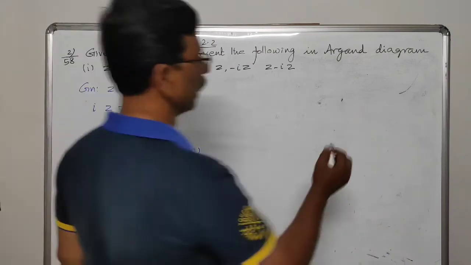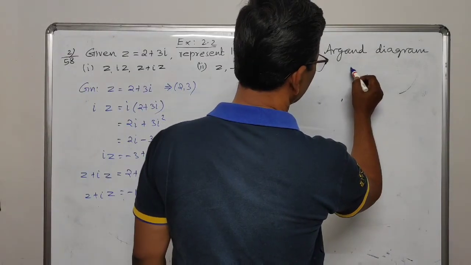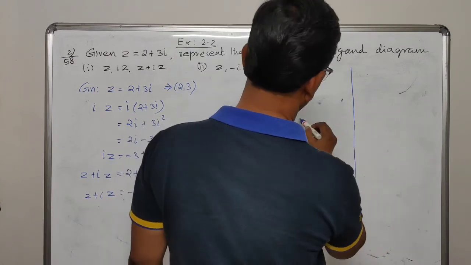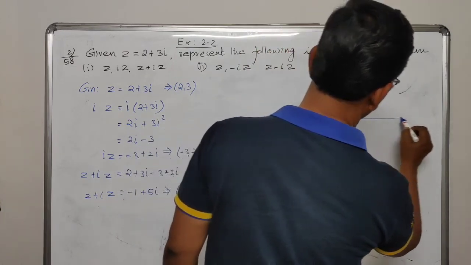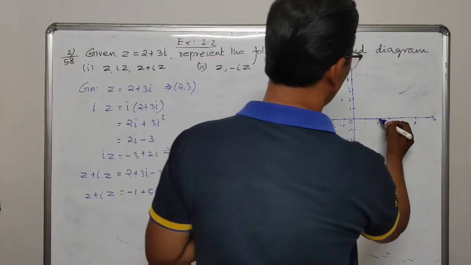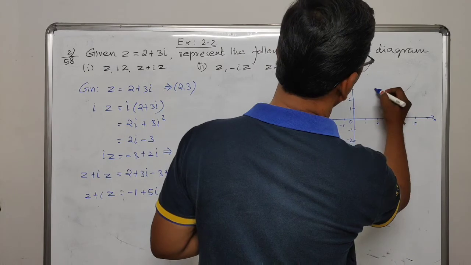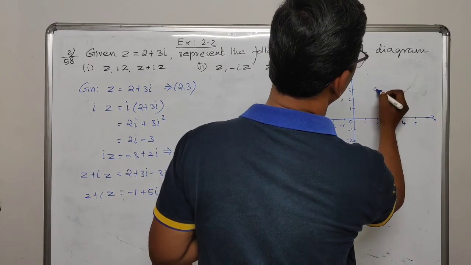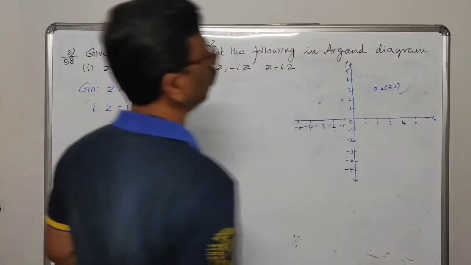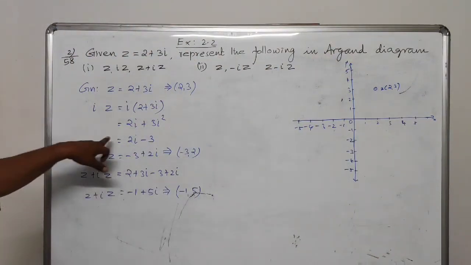For that we can draw the diagram. Just z is equal to 2, 3. 2, 3 is here. This is z, 2, 3 you can see. Next we can go for iz.